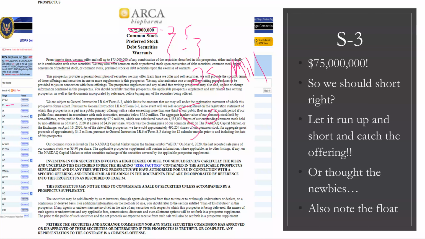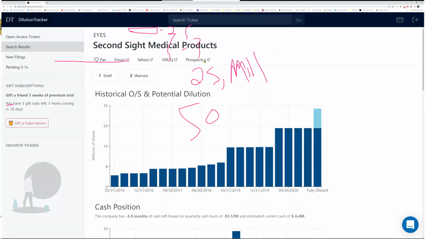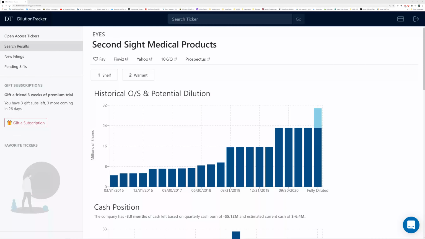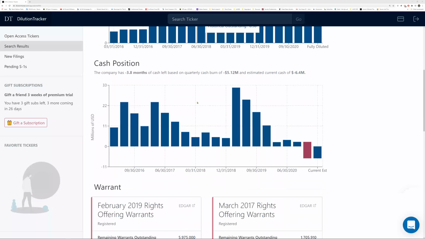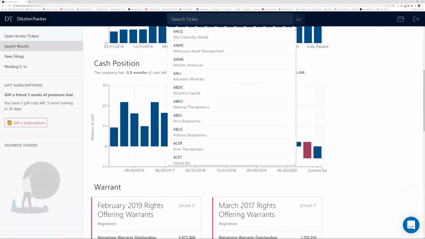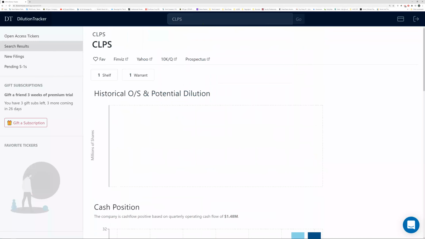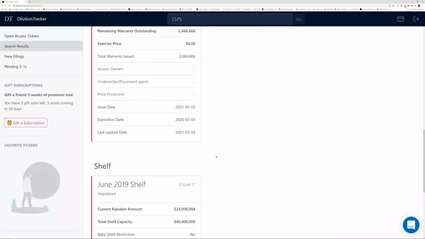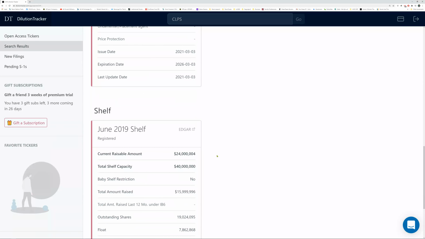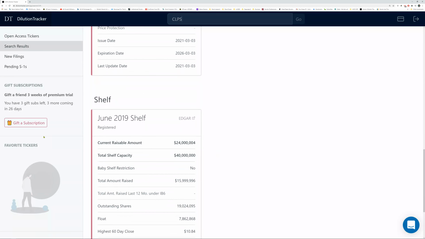And so when I come into my buddy's site, dilution tracker, let me pull up this one. Do you see here how it says total shelf capacity is 40 million?